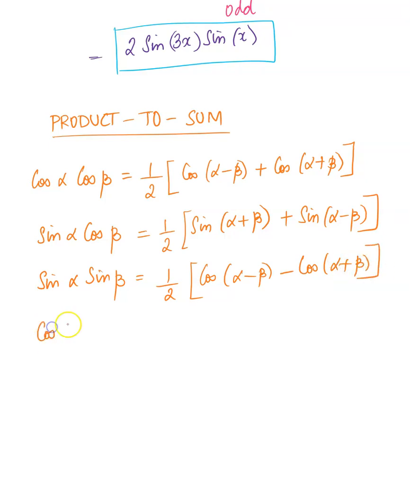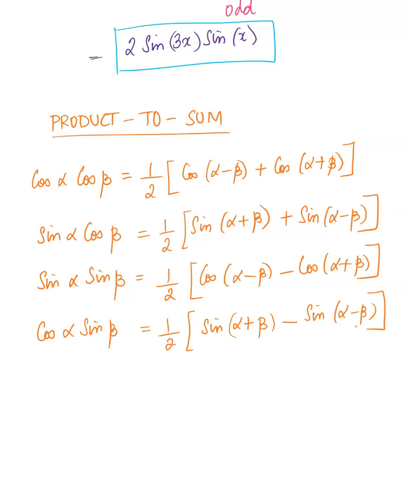And then if the order was cosine alpha and sine beta, minus sine alpha minus beta. Okay.